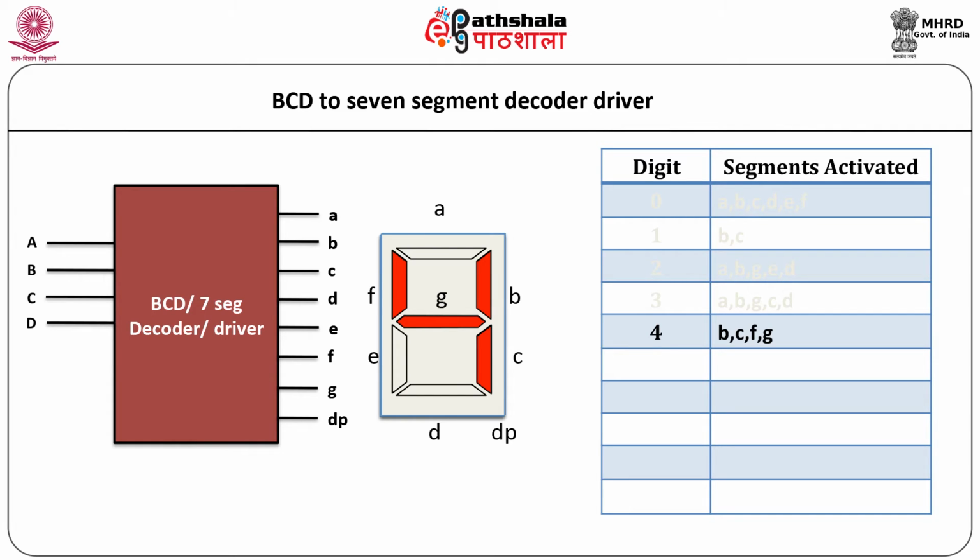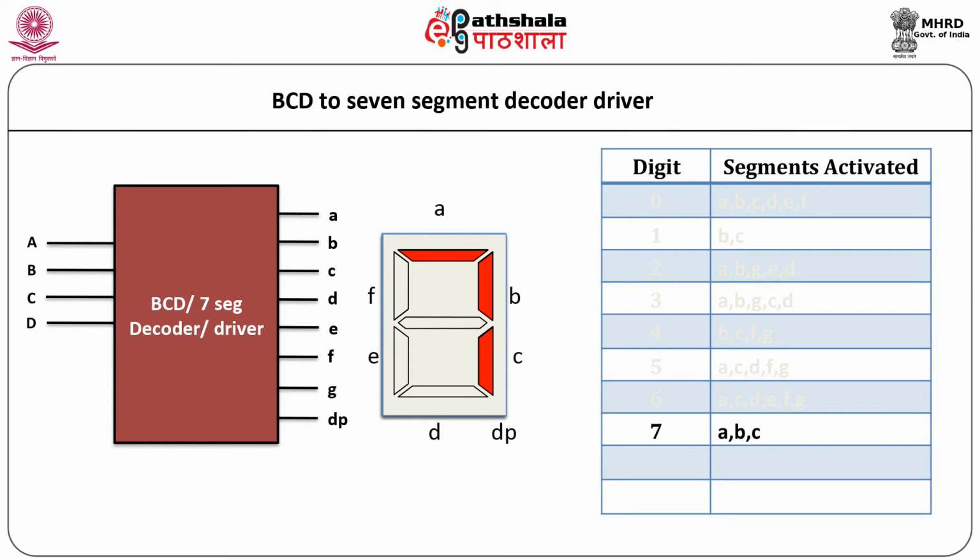whereas segments B, C, F, G must be activated to display decimal digit 4. For displaying digit 5, LED segments A, C, D, F, G are to be activated. While displaying digit 6, segments A, C, D, E, F, G must be turned on, whereas segments A, B, C must be activated to display digit 7.